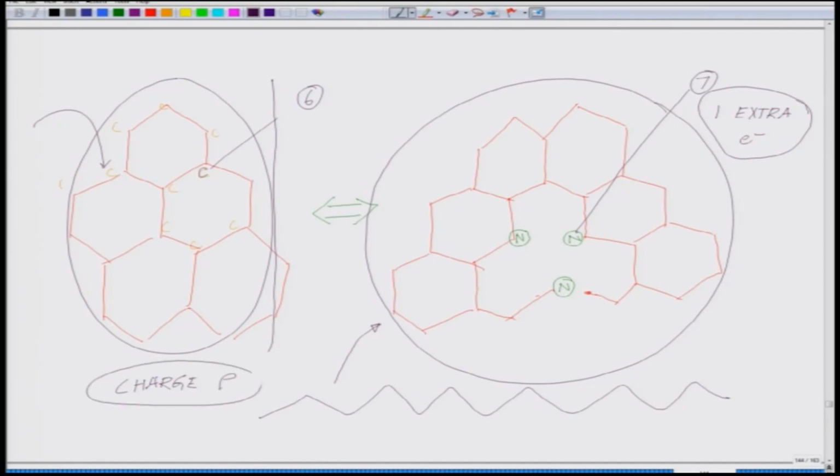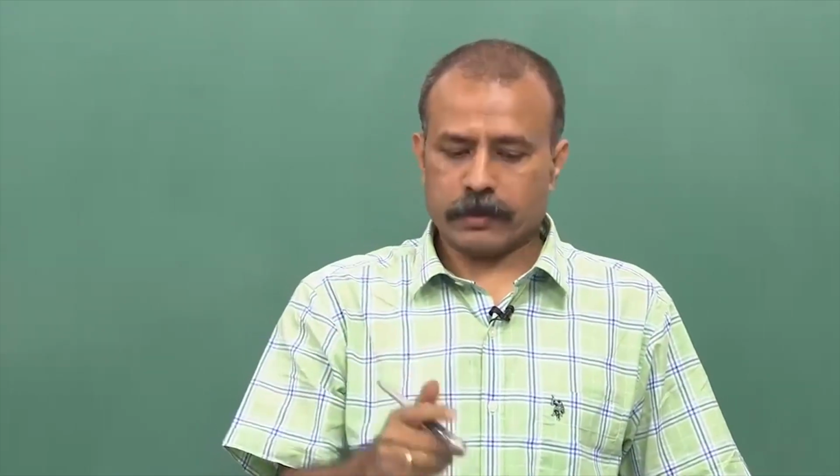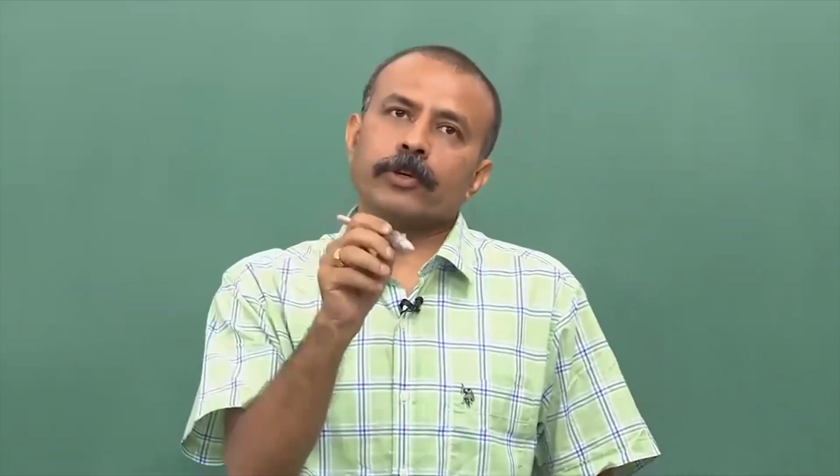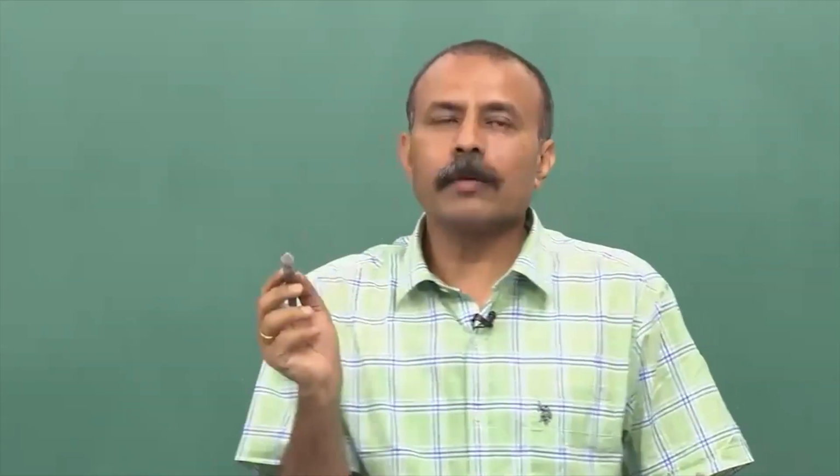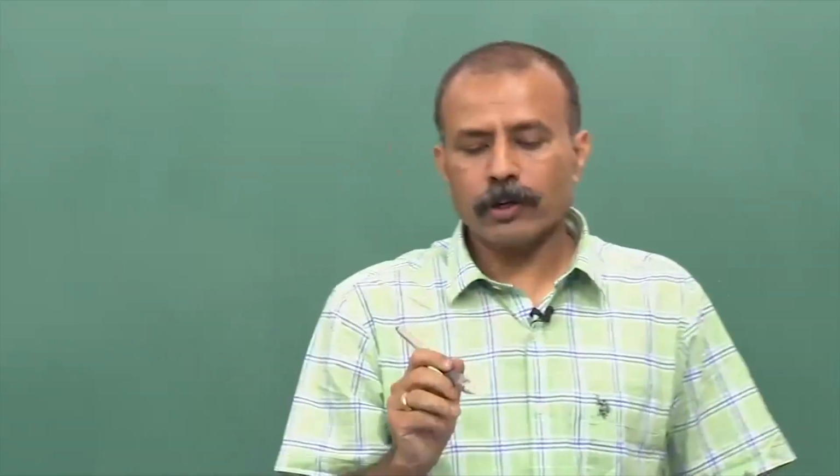In order to increase the charge density, I have to increase the number of electrons, but with carbon I cannot do anything. So, I have to introduce something which is a little more than carbon. My nearest neighbor to carbon is nitrogen, but how to introduce the nitrogen?